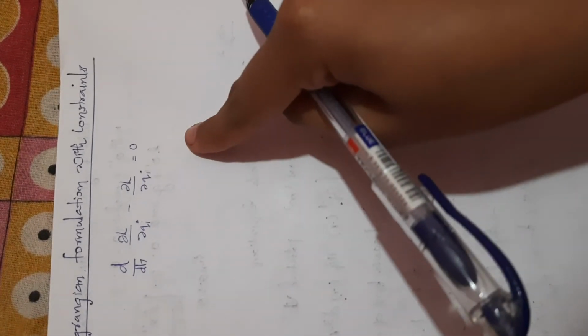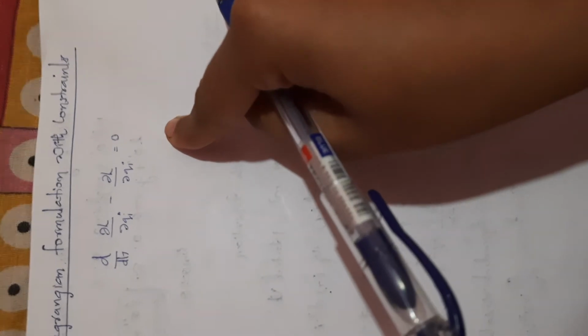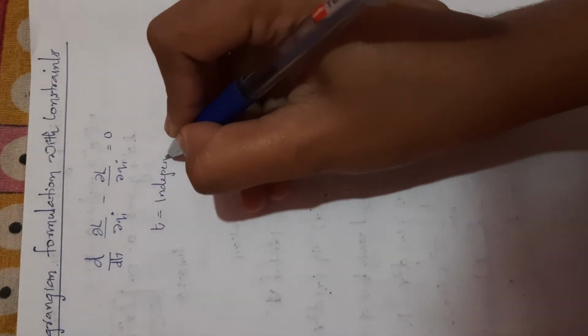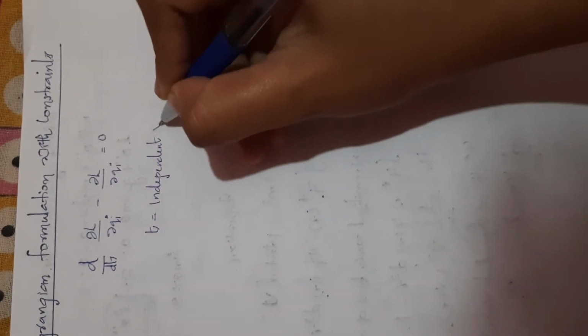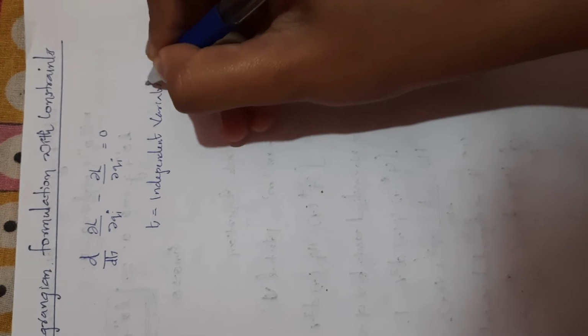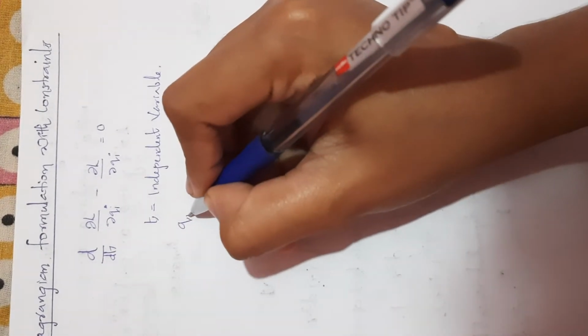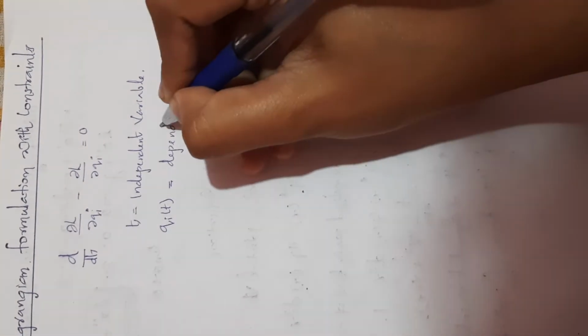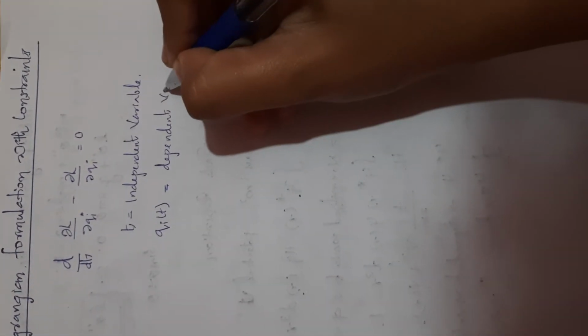This is Lagrange's equation of motion in the absence of constraint, with time t as the independent variable and Qi of t as the dependent variable.